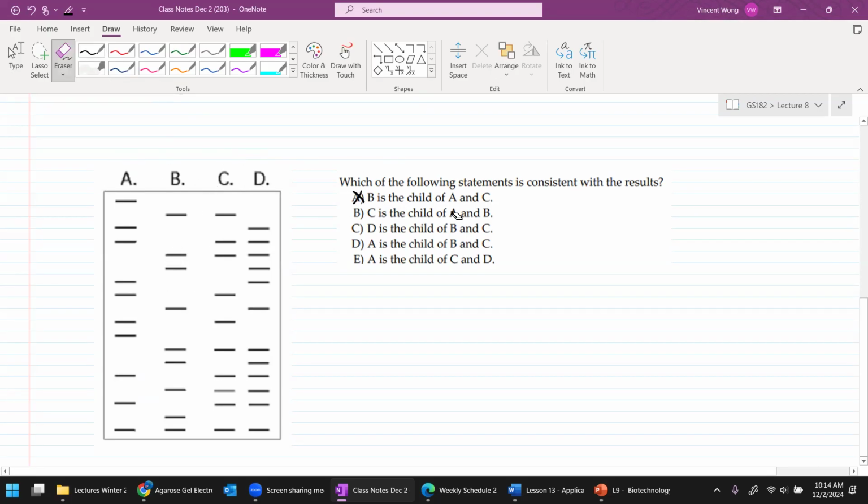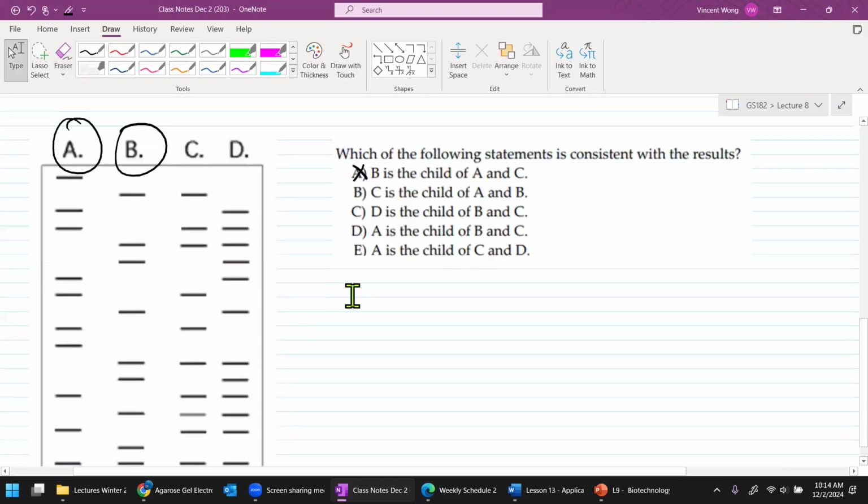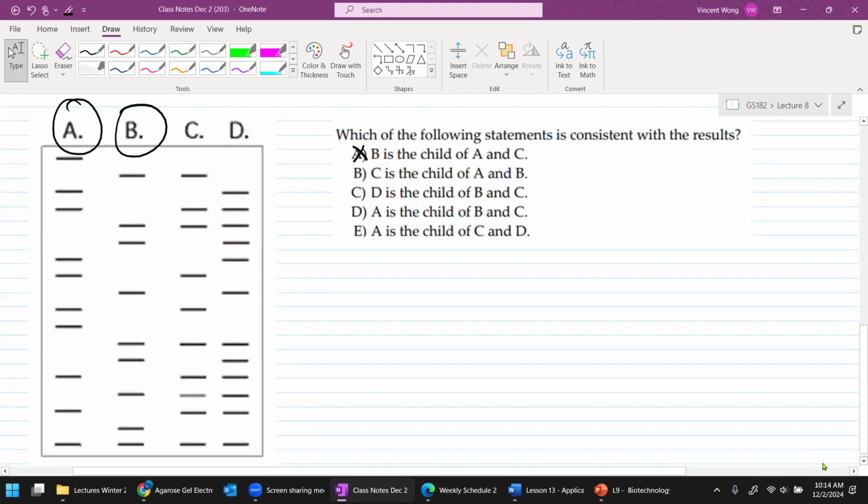Is C the child of A and B? Okay, you go figure it out. I'll make it bigger. Yes? Yeah, okay, let's see, right? Is this one okay? This one came from B, right?